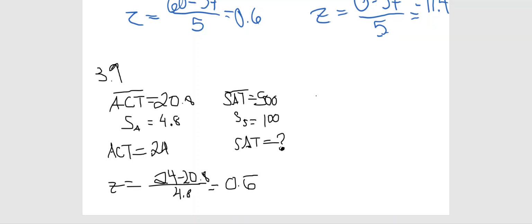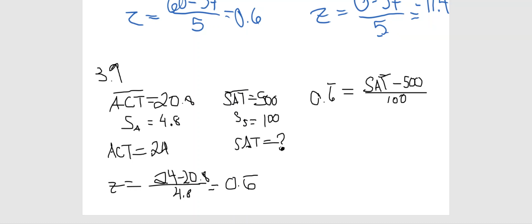So I'm going to set up a second fraction. I've got the z-score that I'm interested in, it's repeating 0.6, and I'm going to find the SAT score that goes with that using z-scores. So I don't know the SAT score. Set that, minus the mean, divided by the standard deviation. All right, so do some algebra.